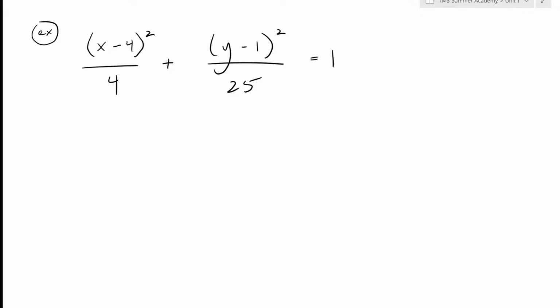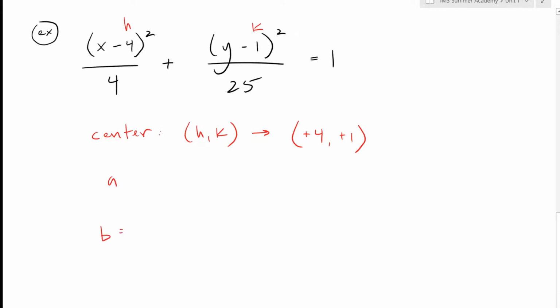So we want to start this the same. We want to start at the center. Okay, so let's go ahead and find the center of this graph. Remember, it's h comma k. H goes with the x, k goes with the y, opposite signs, positive 4, positive 1.